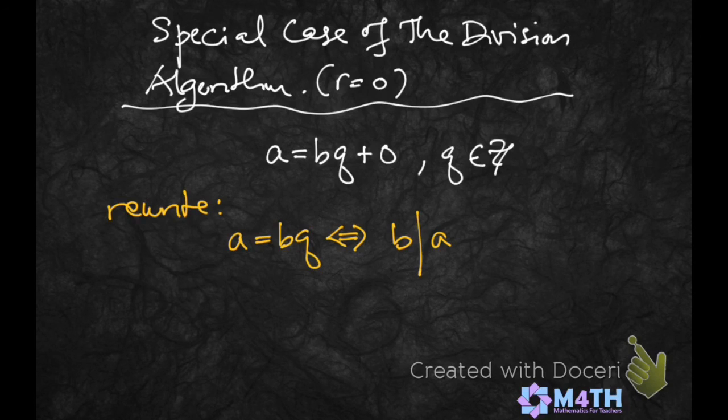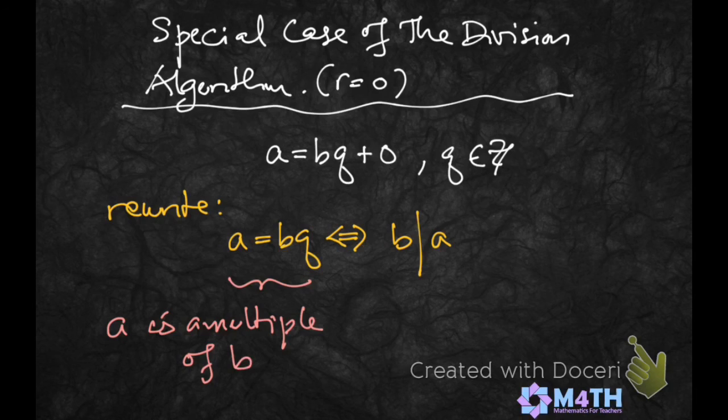On the left hand side, we say a is a multiple of b, and on the right hand side, b is a divisor of a. So in this special case where r is 0, the division algorithm becomes divisors and multiples, and this will be discussed thoroughly in the next video.